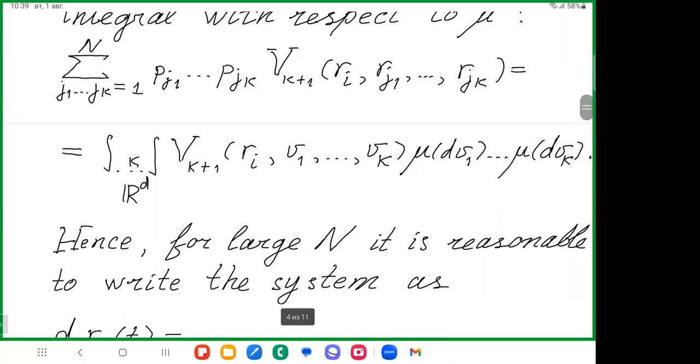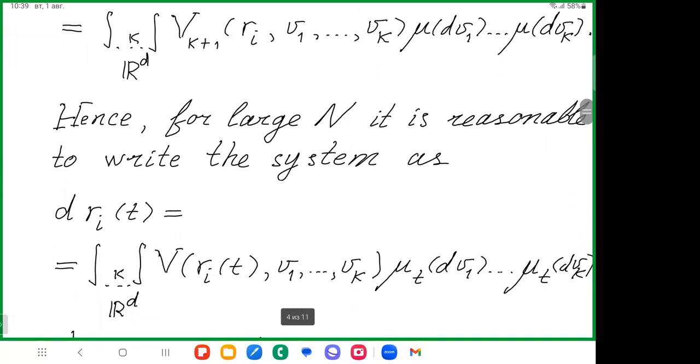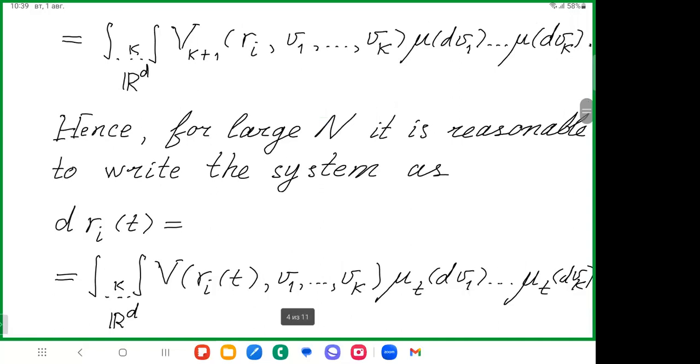So we can see that for large N, it is reasonable to write system as follows. It looks like that we have differential for the fixed particle R_i, and it is equal to the multiple integral with respect to measure mu_t.